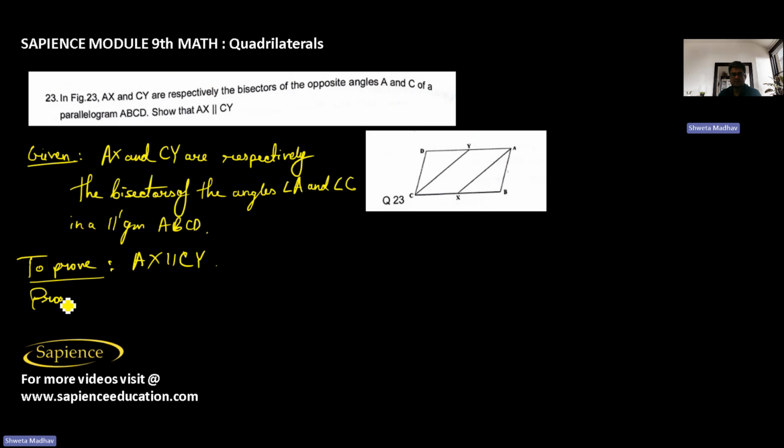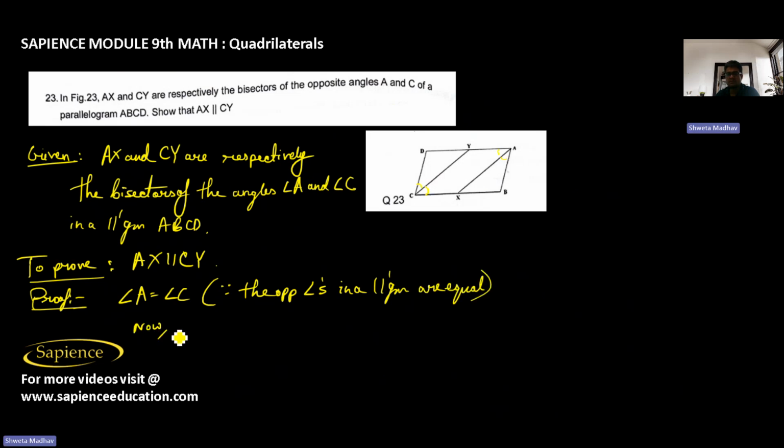So the proof is that, obviously, angle A will be equal to angle C, since the opposite angles in a parallelogram are always equal.